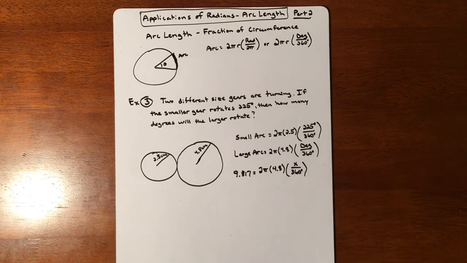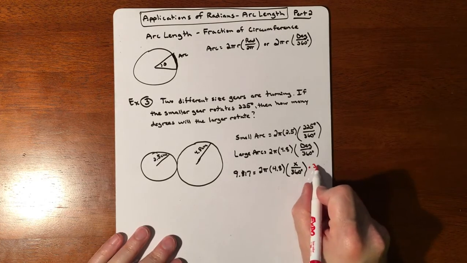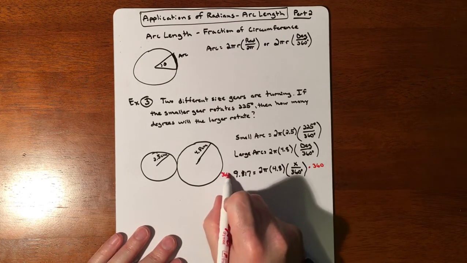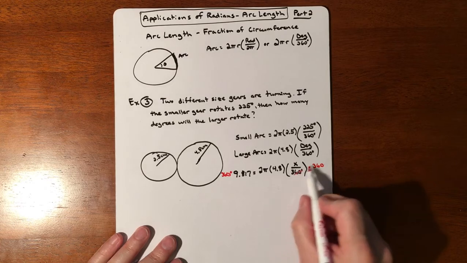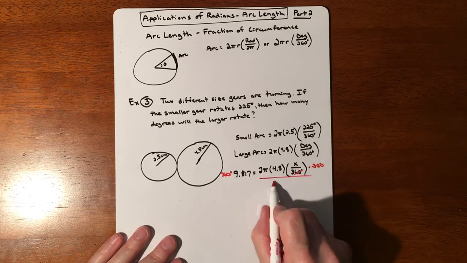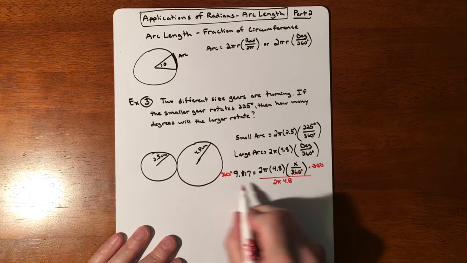So if you solve, we're going to multiply by 360 to both sides. It clears out the 360, but then at the same time you're going to be dividing by this whole chunk, 2 pi and 4.8.